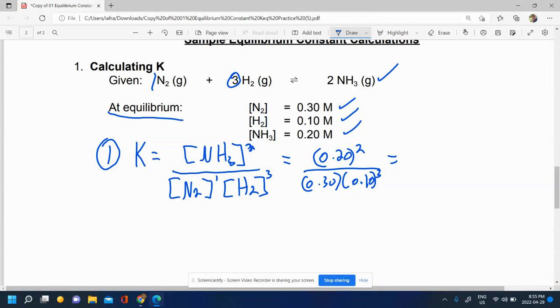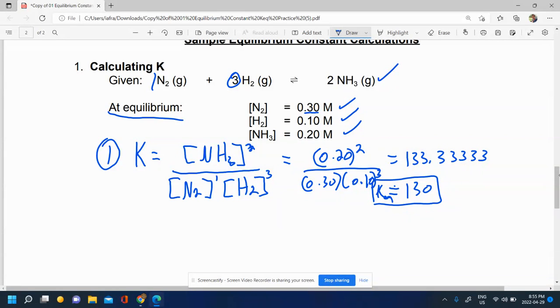So I get 0.2 squared divided by 0.3 divided by 0.1 cubed, and I get 133.33333. But I need to round this to about 2 sig figs, so approximately 130 would be the K equilibrium.